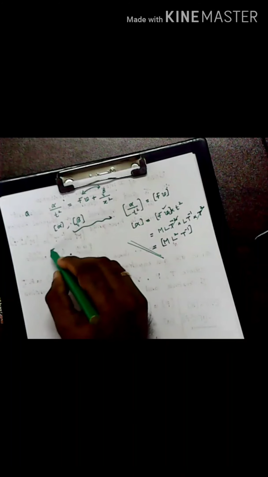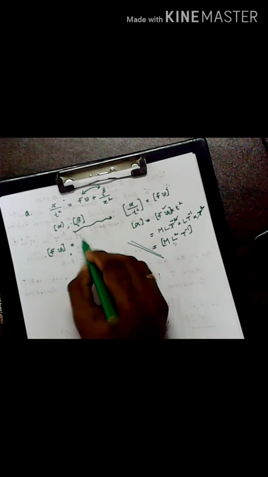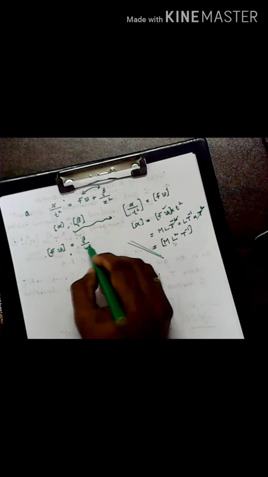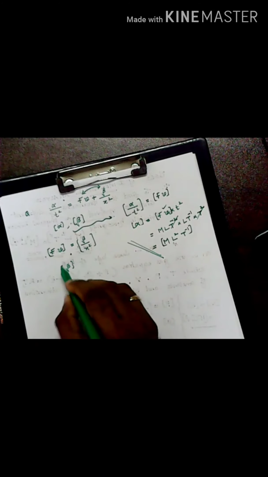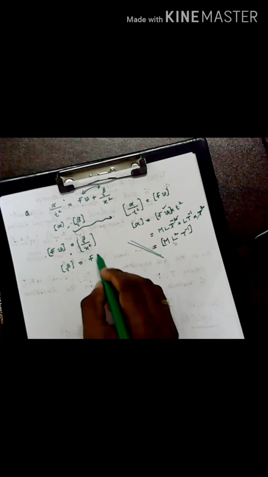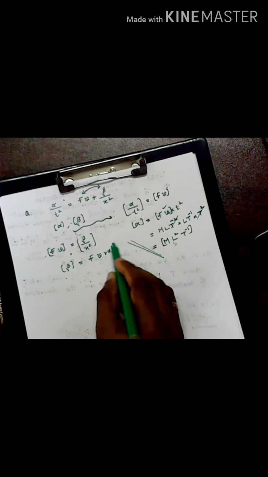By using the same concept, we can link between them. Then easily we can find that beta. That means f into v got the same dimension as that of beta by x square. That means the dimension of beta, take the value of the dimension of fv into x square.